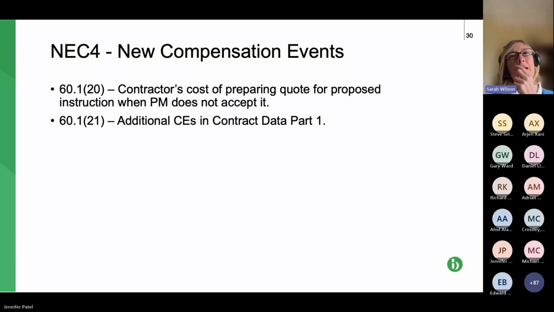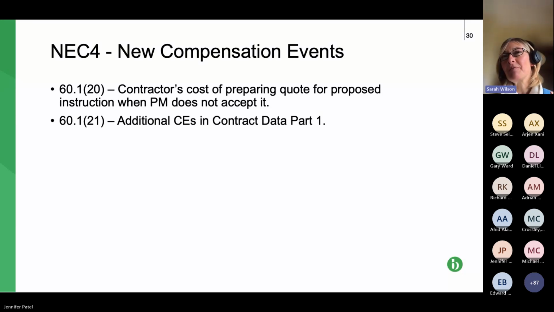You've got to fulfill all that criteria. It is the cost of preparing the quote. It's got to be a quote for a proposed instruction, and it's got to be a proposed instruction where the PM decides not to proceed with it. So don't get that muddled with an ordinary compensation event.